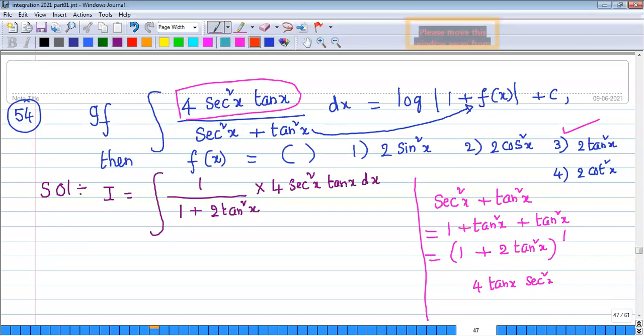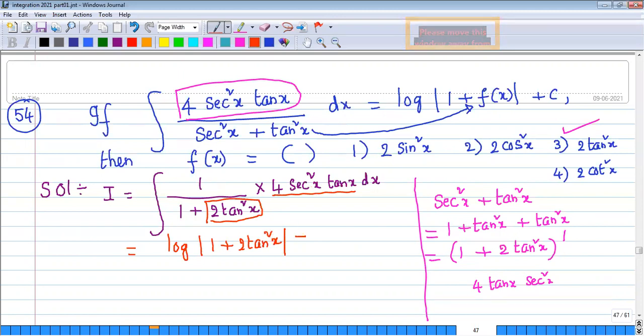Now this 4 secant square x tan x is the derivative of 2 tan square x, because the derivative of tan square x is 2 tan x into secant square x. 2 into 2, 4 tan x secant square x dx. F dash x by f of x, so this is log mod 1 plus 2 tan square x.